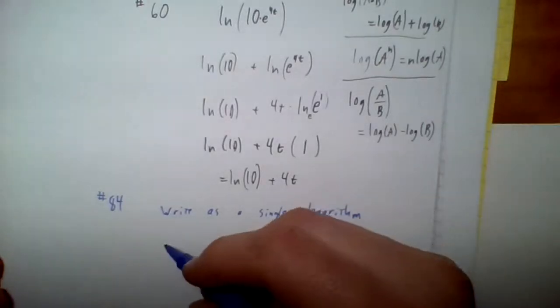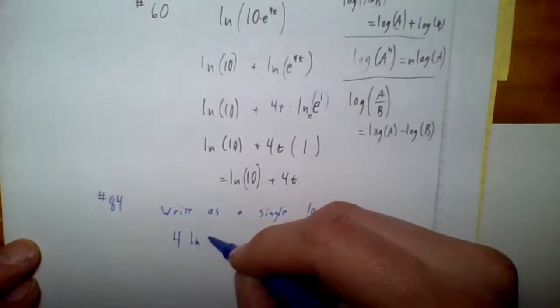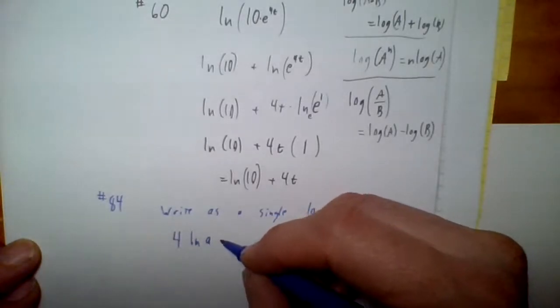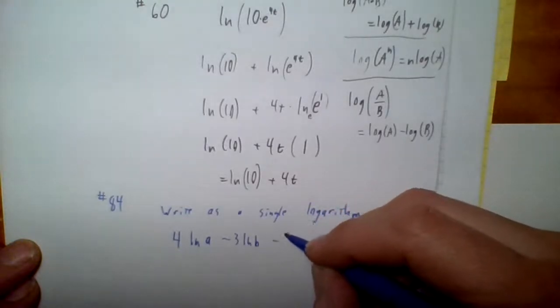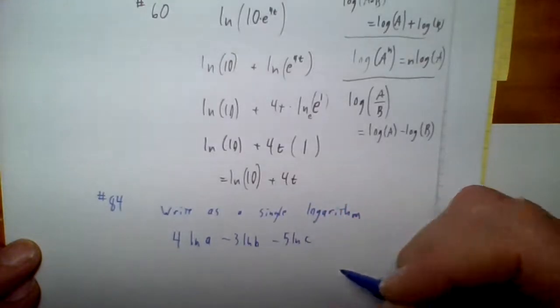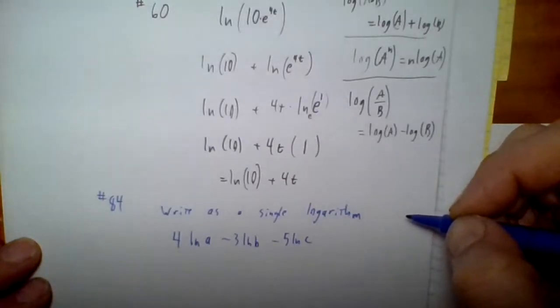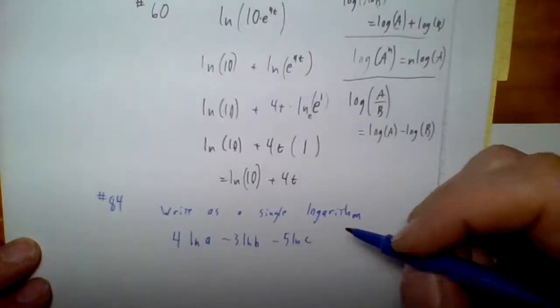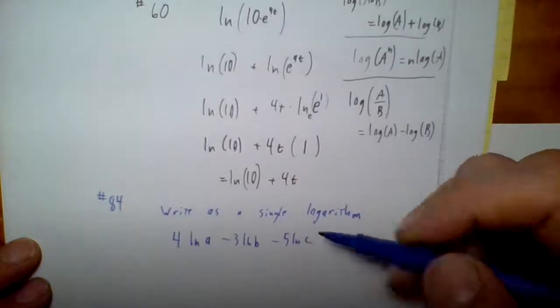And for number 84, we're working with this expression: 4 natural log of a minus 3 natural log of b minus 5 natural log of c. Now I copied that down the way it's written in the book, but I'm going to throw the containers in here because this looks like it's multiplied by something the way it's written now, and it's not.